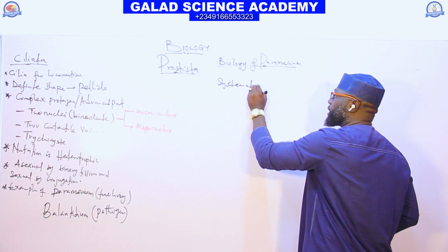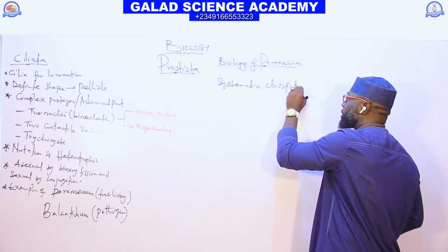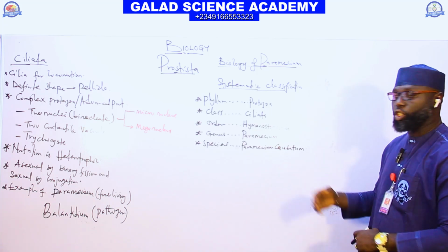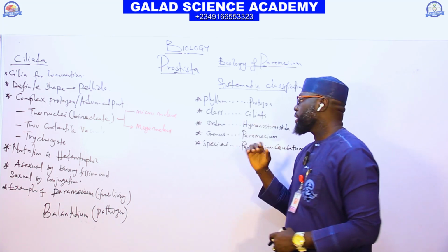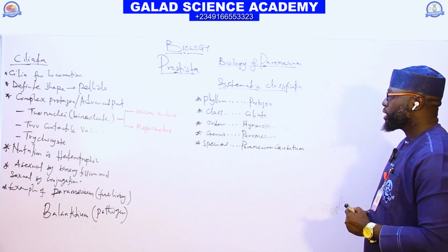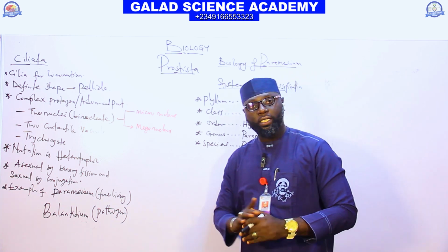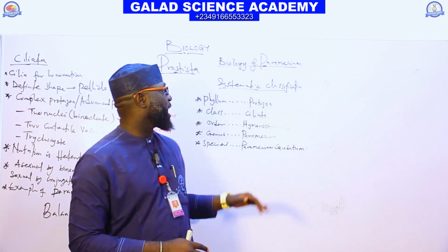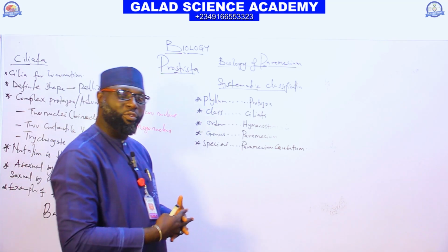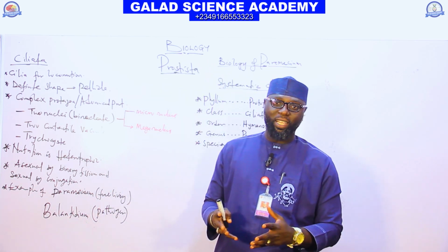This is the systematic position or classification of Paramecium caudatum. The next thing is to look at the habit and habitat of Paramecium. The Paramecium can be found in stagnant or slow-moving fresh water that contains organic substances.